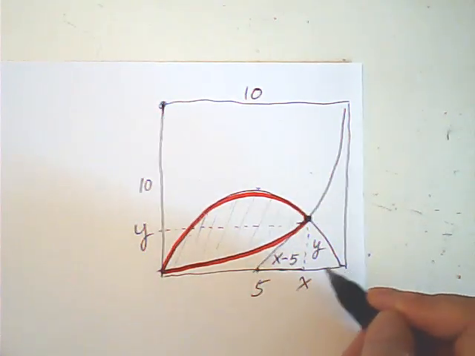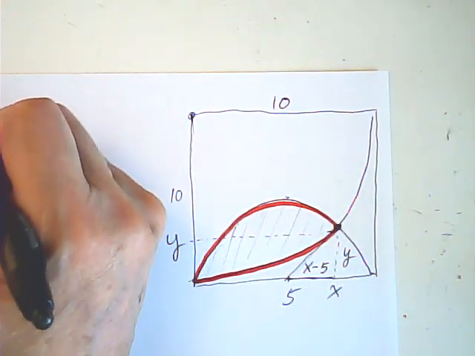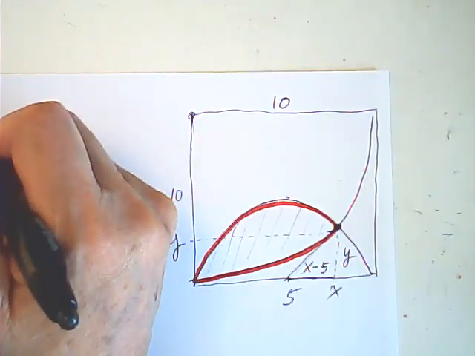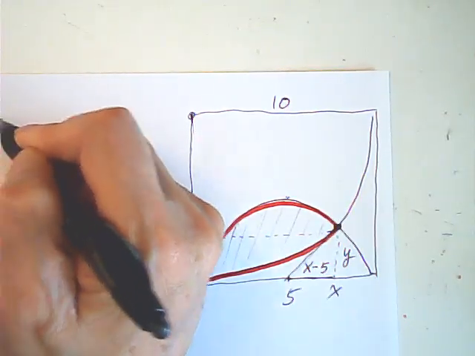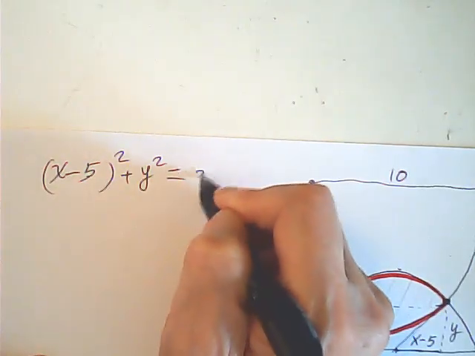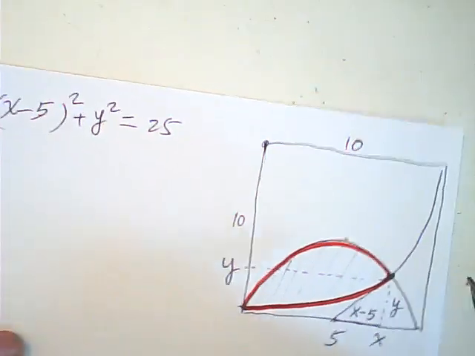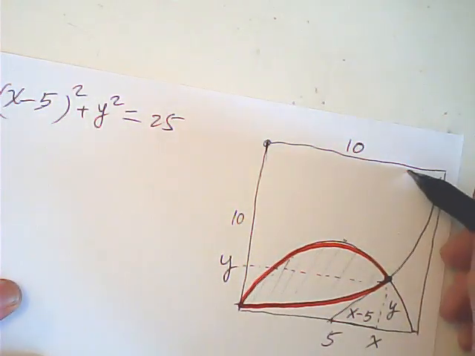So we have (x minus 5) squared plus y squared is equal to 25 from this triangle, right? From this triangle.